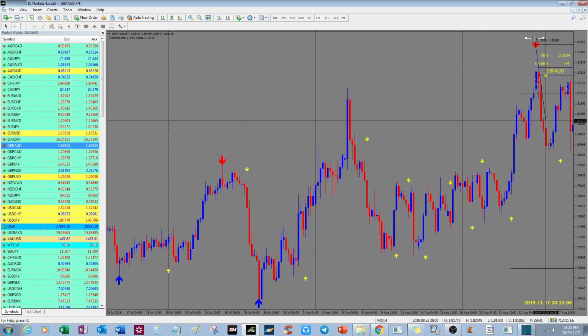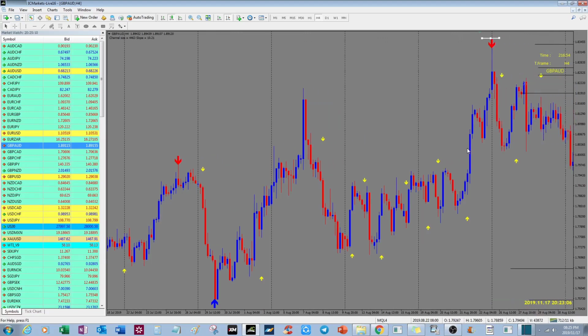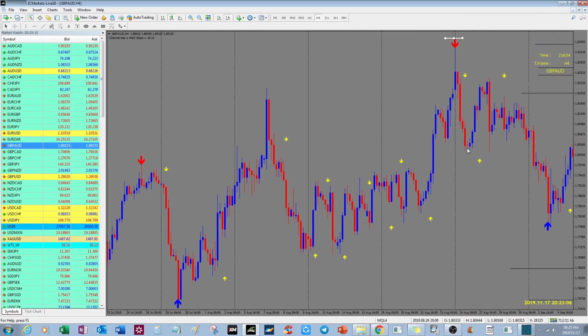That's also a big stop loss, 249 pips. So for 249, let's just take it forward. There's our big arrow. Let's just see the gain. About 300 pips, just over a 1-to-1 risk reward.